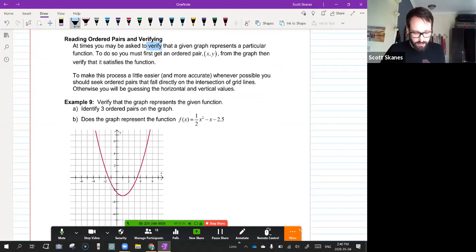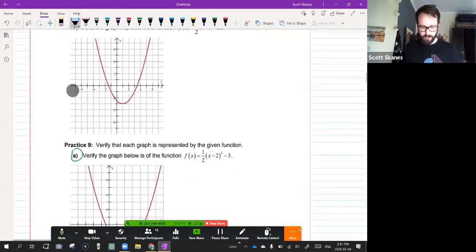So you need to get an ordered pair from the graph and then check if it satisfies. In fact, we need to get 3 ordered pairs, because if we don't get 3 ordered pairs, we can't be sure that we're actually looking at the function that we think we are. And we want to look for ordered pairs. Ordered pairs is just coordinates, by the way. Seek ordered pairs that fall directly on the intersection of the grid lines.